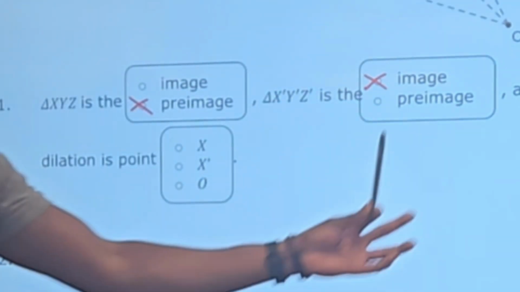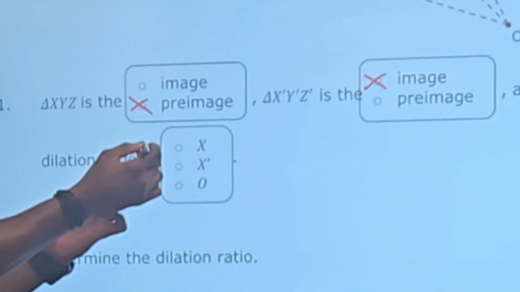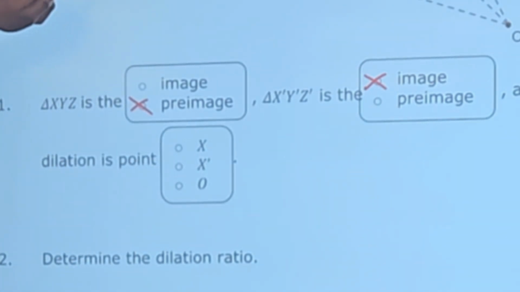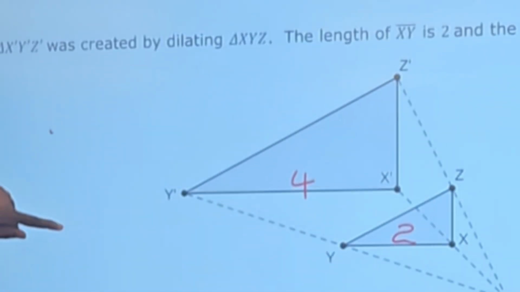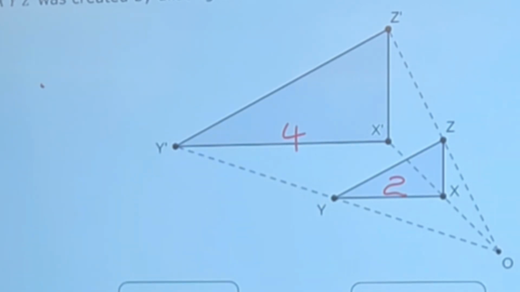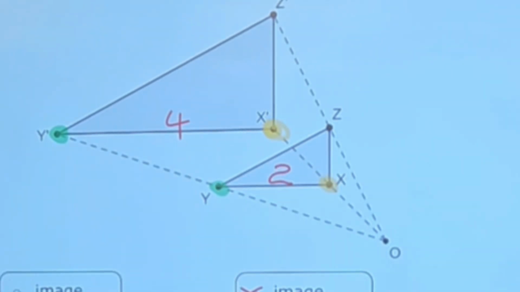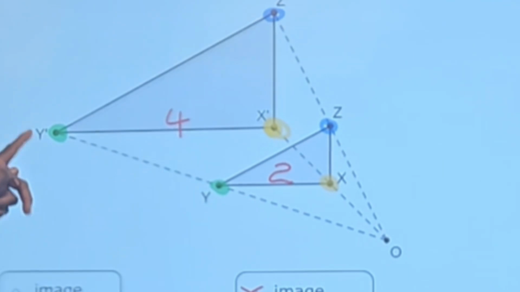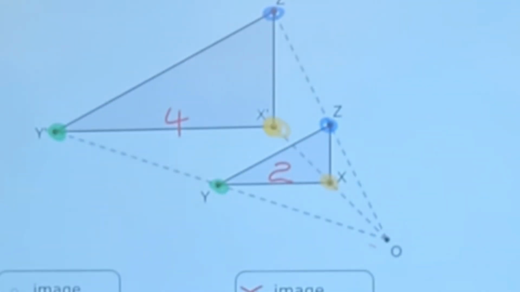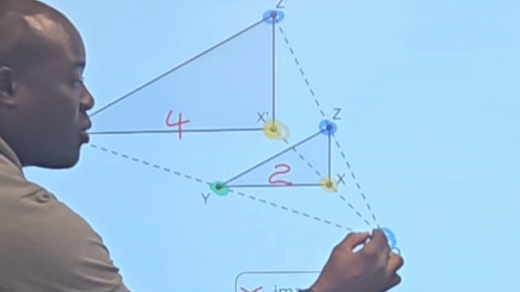It went further and it says the center of the dilation is one of these. So let's take a look. The center of your dilation is always a nice idea that actually connects corresponding points. If you draw a straight line through the pair of corresponding vertices, you could see the pair of corresponding vertices, they do converge at one location.